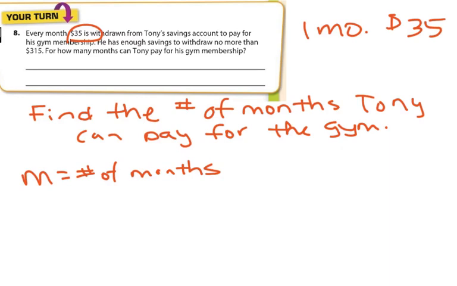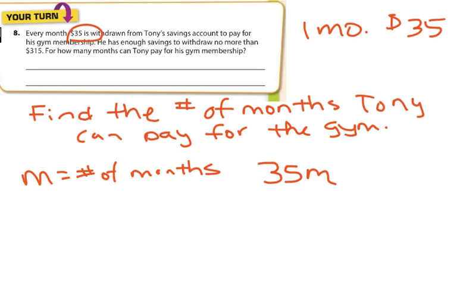I know that 35M is going to be the cost for the number of months that he can join, and I know after reading this that he can do no more than $315.